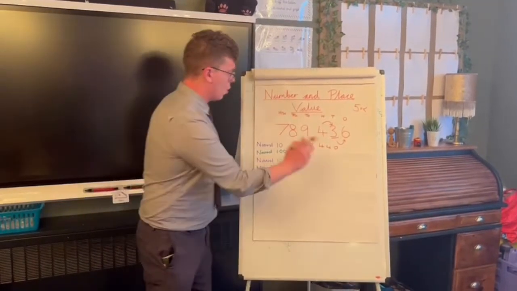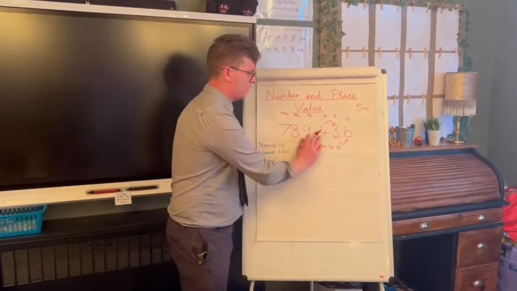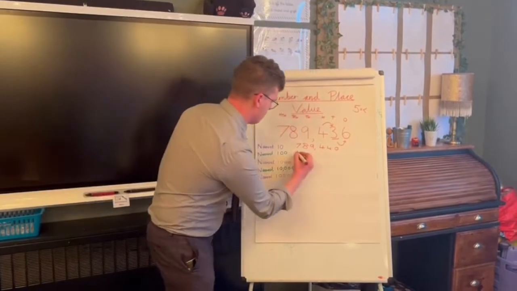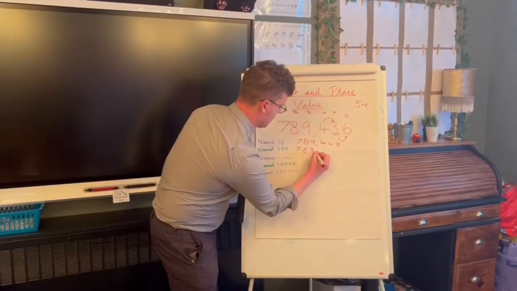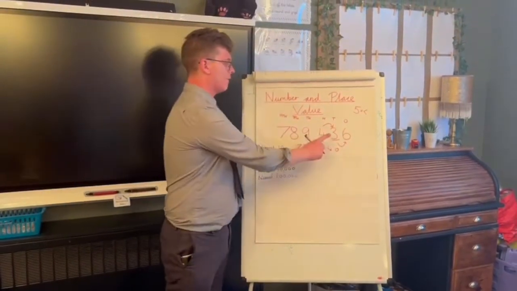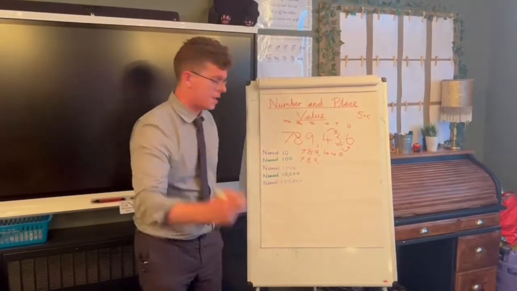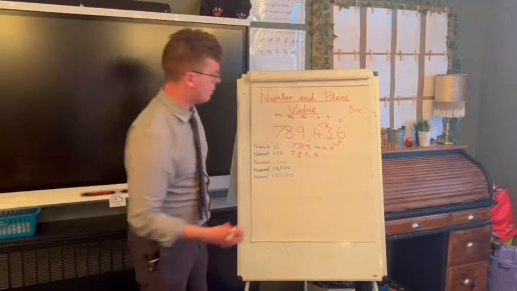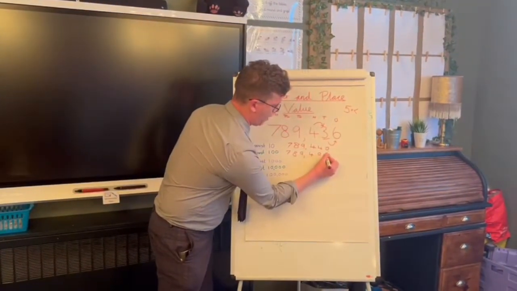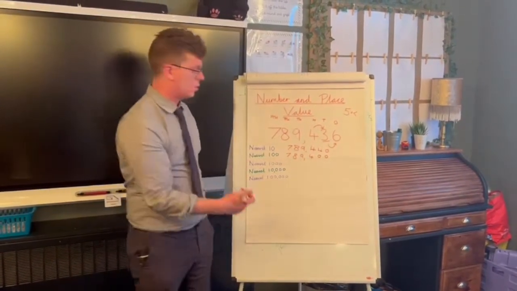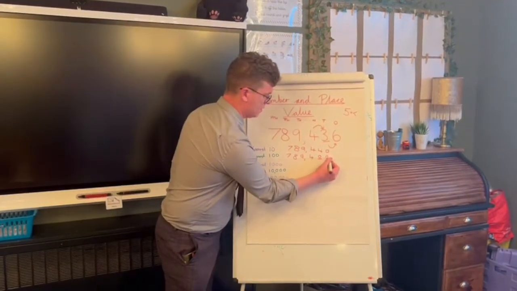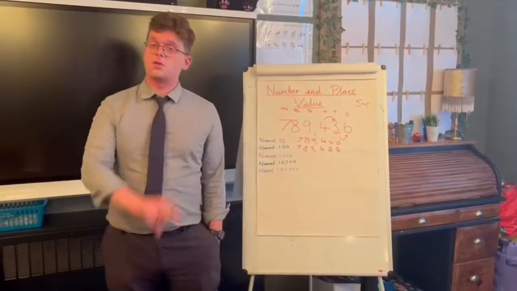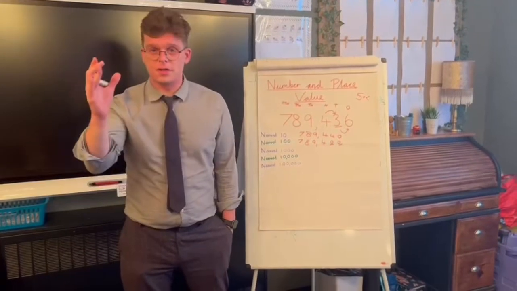So, all of the digits to the left of the hundreds column stay the same, just like 4, 7, 8, 9. Our 4 will stay the same. And all of the digits to the right become a 0, because any multiple of 100 will have 0 tens and 0 ones. We'll do one more example before saying goodbye.